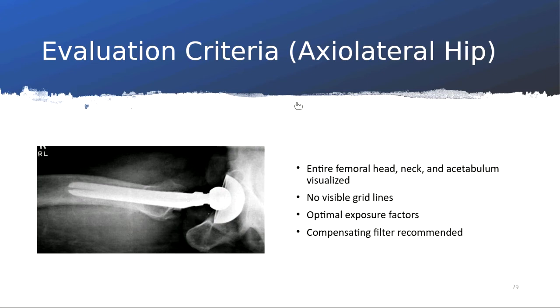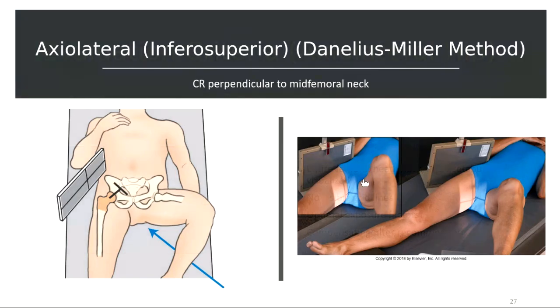You want no visible grid lines in there. And the central ray on the Danelius-Miller is actually perpendicular to the femoral neck. So when you look back at this, all they're doing is coming literally right into the femoral neck, which is just below the point where the thigh joins the body. It's not very nice to say, but typically the Danelius-Miller is often called a crotch shot.